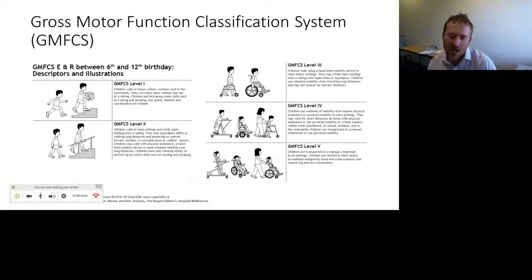Children at level 4, particularly earlier in life, may spend some time walking in a more therapeutic setting with highly specialised walking aids, and they also have better trunk and neck control and are often able to drive a powered wheelchair for themselves. Whereas children at level 5 have very limited independent mobility and are highly dependent on attendant care really for all of their positioning needs.